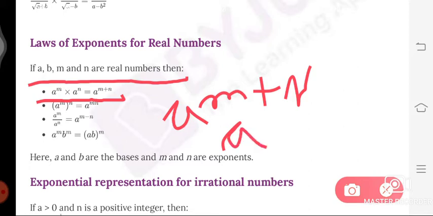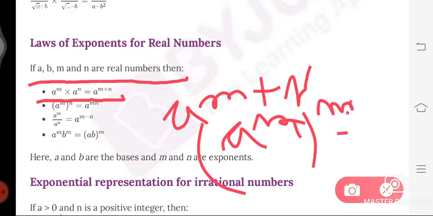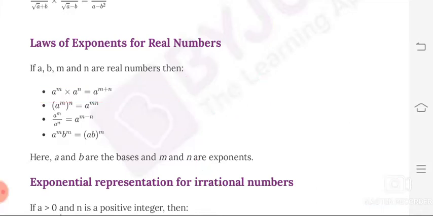If a raised to the power m, bracket, to the power n, then it will be a raised to the power m into n. If a raised to the power m by a raised to the power n, it is equal to a raised to the power m minus n.